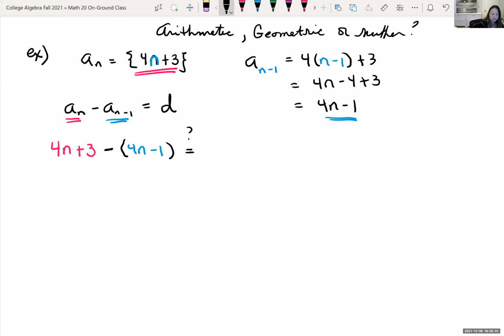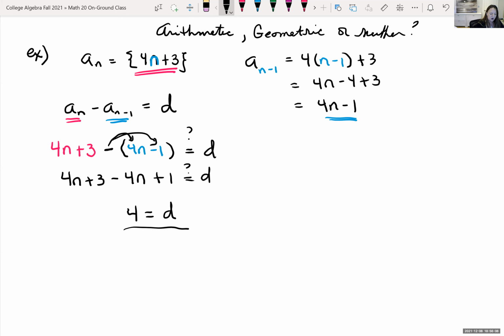Is this equal to a constant? So let's distribute that negative sign. Bringing down 4n plus 3, distributing the negative, we get minus 4n plus 1. Notice 4n minus 4n cancels, and we're left with 3 plus 1, which is 4, which is equal to d.